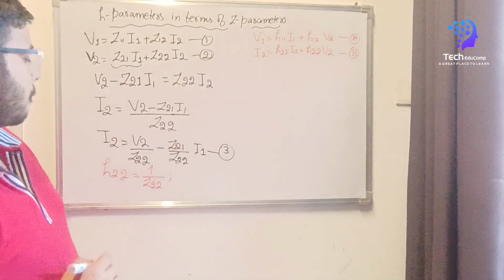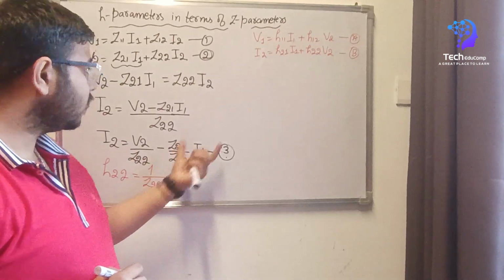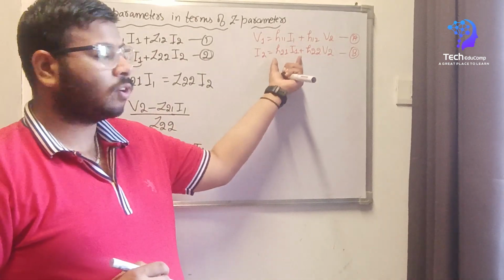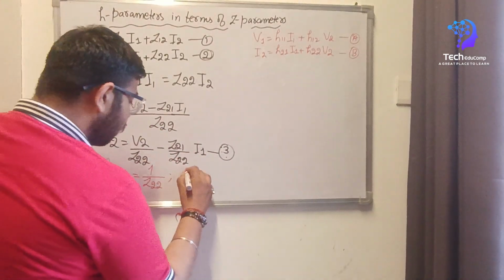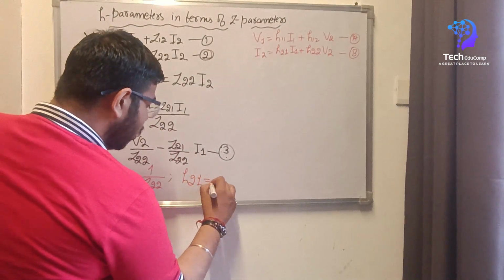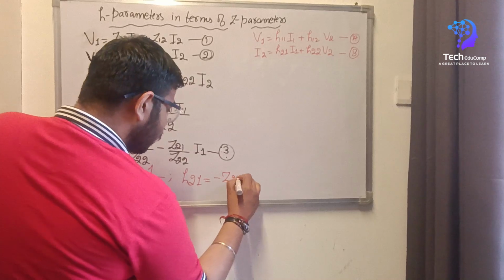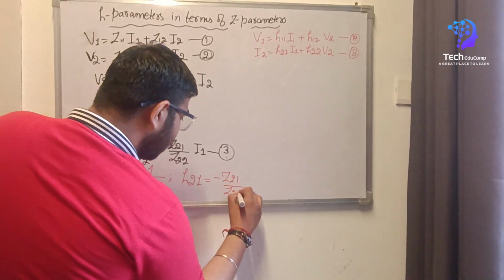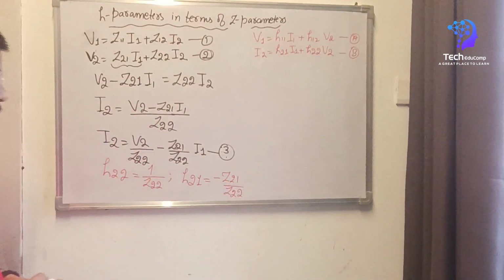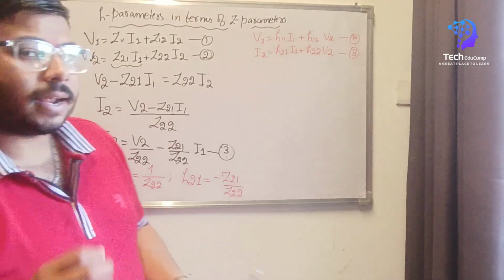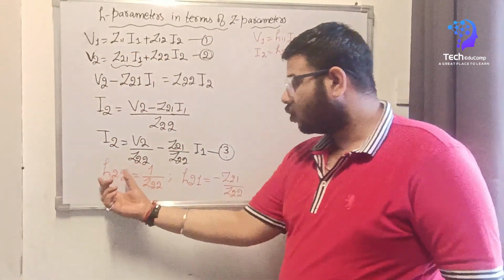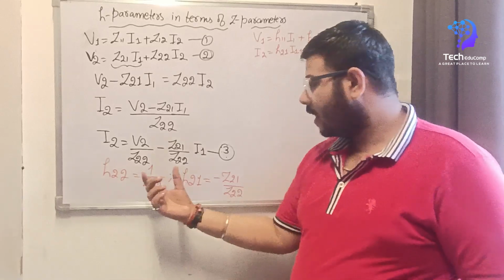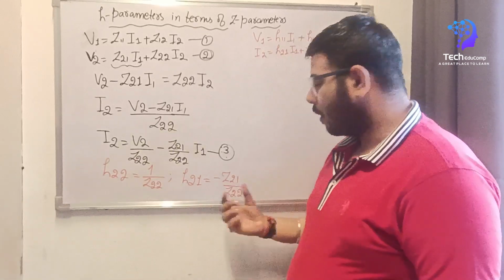Now, when you compare the I1 terms of the B equation, we find that H21 is equal to minus Z21 upon Z22. This is how we can find the values of H22 and H21 in terms of Z parameters.